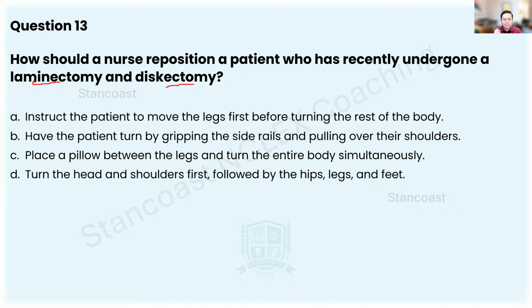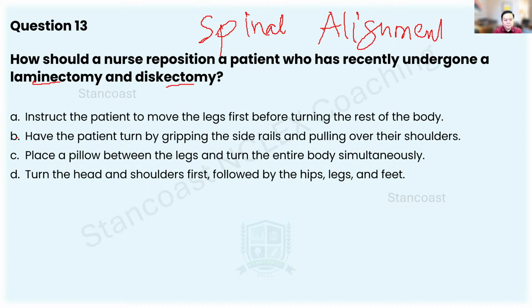Make sure you have that in your answer. So what would be the step that can maintain spinal alignment? This is huge, guys. That's why I'm trying to repeat all of this about laminectomy.